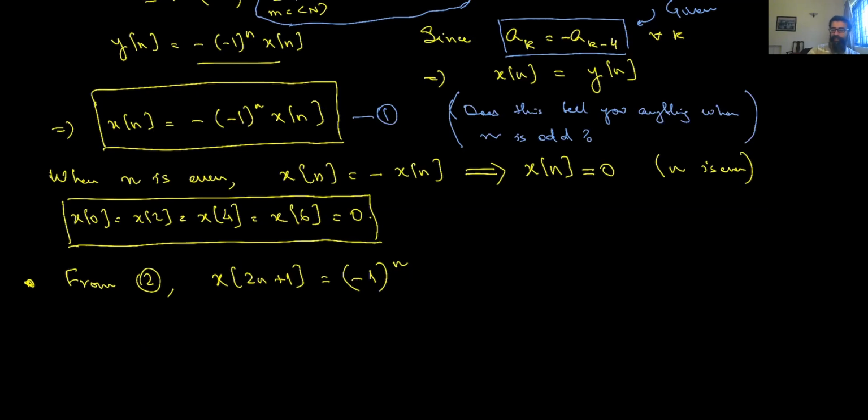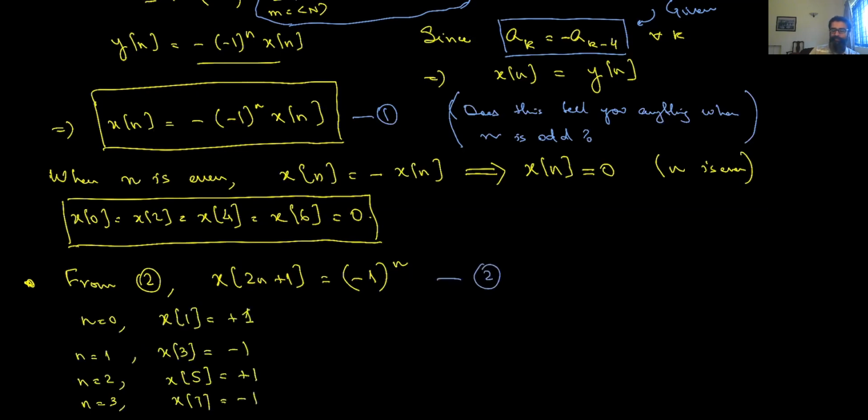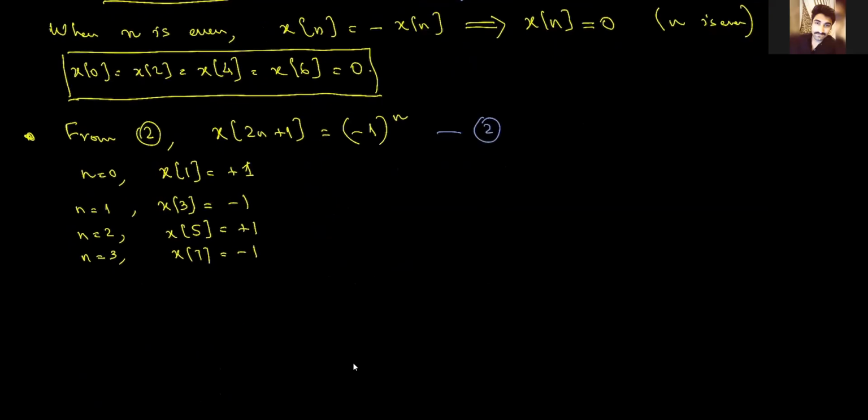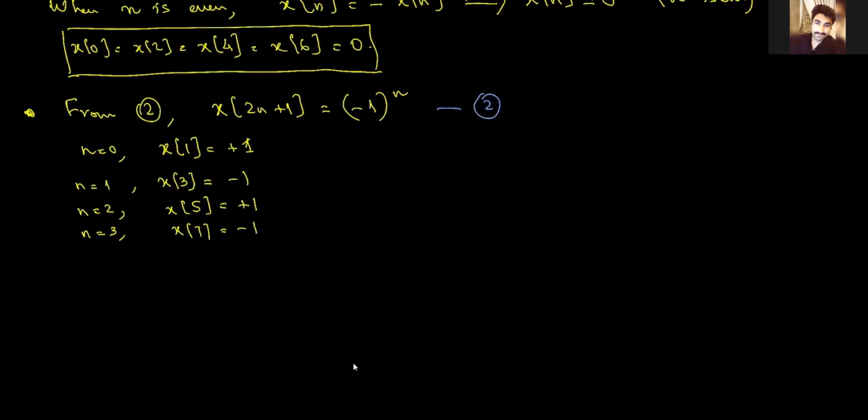ठीक है? Right, so there you go. So basically for odd numbers, the signal oscillates between those numbers. And for even it's just 0. हाँ, so जो odd indices पे वो oscillate करता है, right?